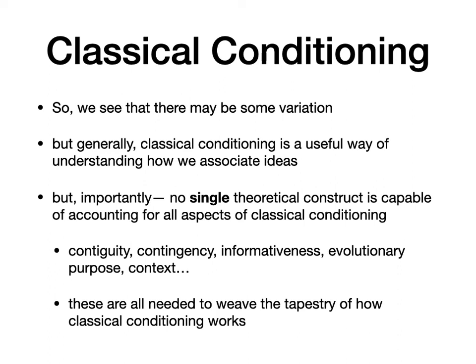It's not just a straight up simple law that you apply everywhere. You need lots of angles to make sense of how these phenomena happen. But ultimately, it's a fairly neurological process that can really help to explain a lot of complex phenomena in our minds. Very cool. So that's it.